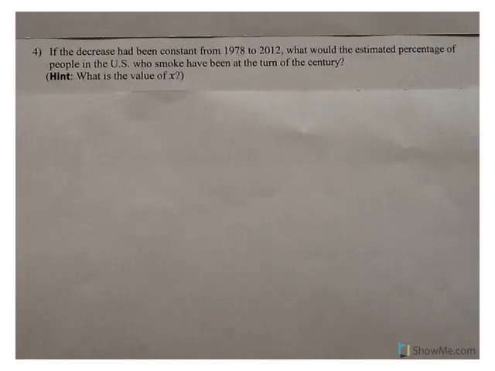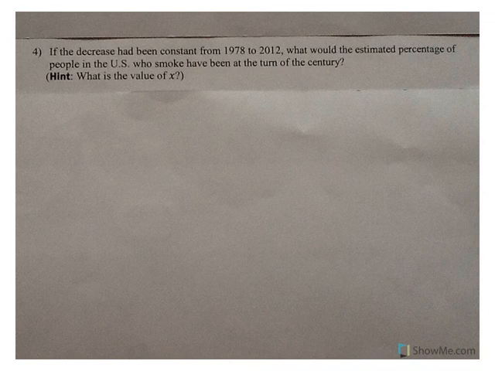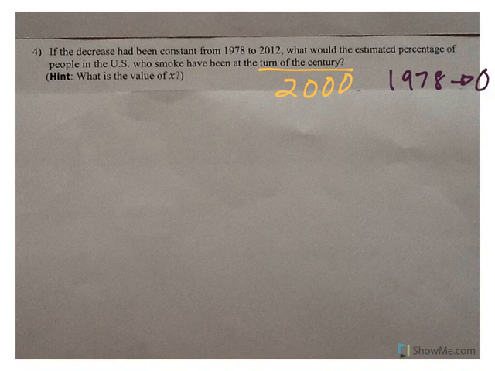It's very exciting. All right, so if the decrease had been constant, meaning we can use our model, what would be the estimated percentage of people in the U.S. who smoke at the turn of the century? Well, turn of the century would be the year 2000. In 1978, our x value was 0. So in 2000, that's 22 years later, so my x value will be 22.